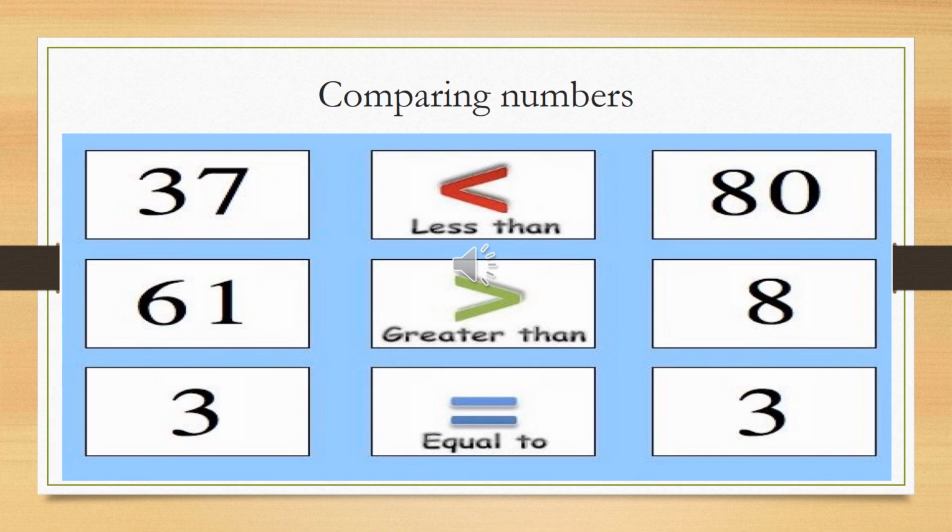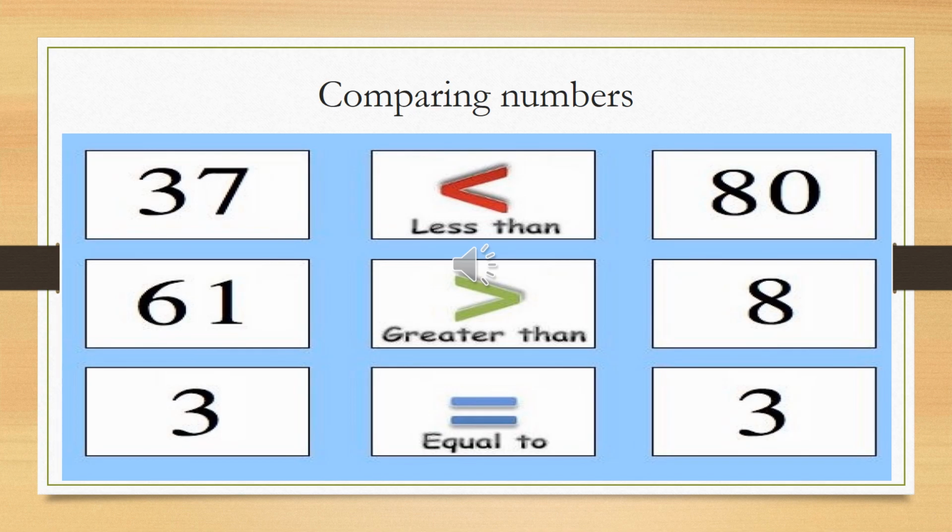Now, before starting the exercises of your book, I would like to show you some slides to make the concept of comparing numbers clear. See the picture carefully. Some numbers are written: 37, 61, 3, and in the opposite direction 80, 8 and 3.